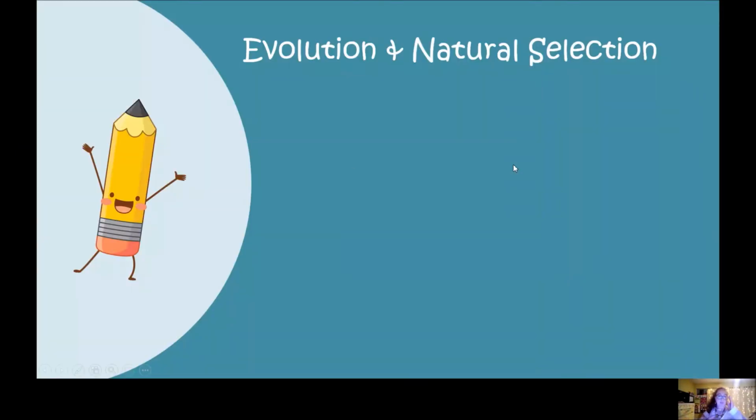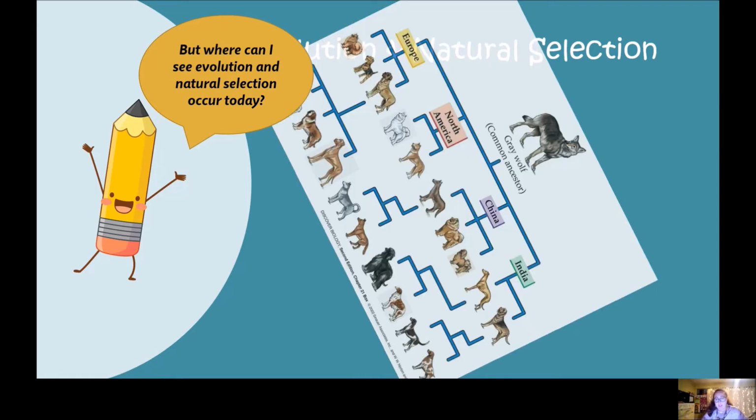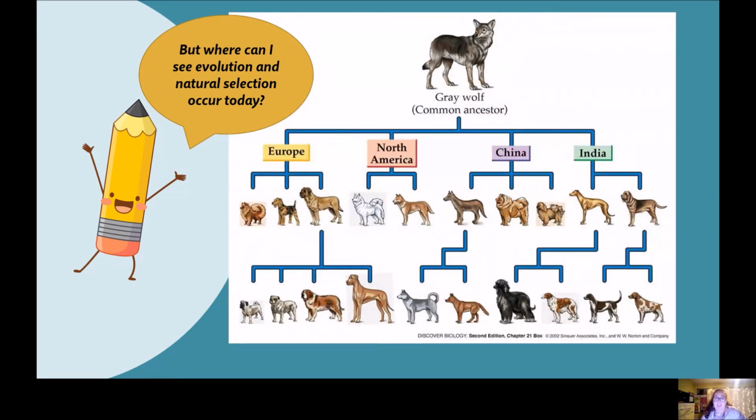Okay, but where can I see evolution and natural selection occur today? Good question, Mr. Pencil. Here is a good example of natural selection and evolution that is more prevalent today. Dogs, everybody loves dogs, right? Dogs evolved from their common ancestor, the gray wolf. In different parts of the world, dogs developed a little differently based on their environment.